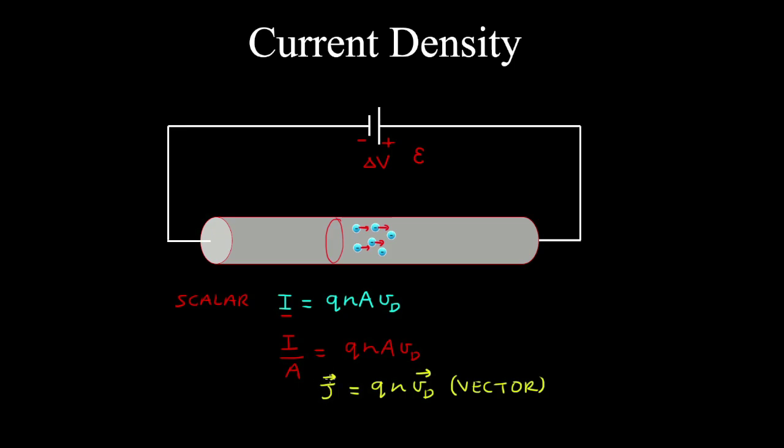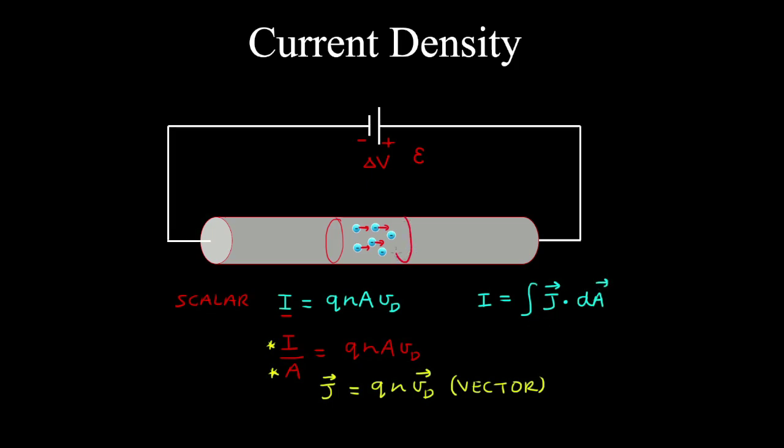So the current density is the flow of charge per unit area. And more generally, it's related to the current by the integral of the dot product between the current density and the area vector dA.